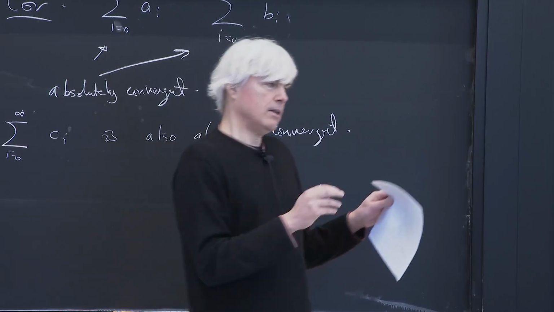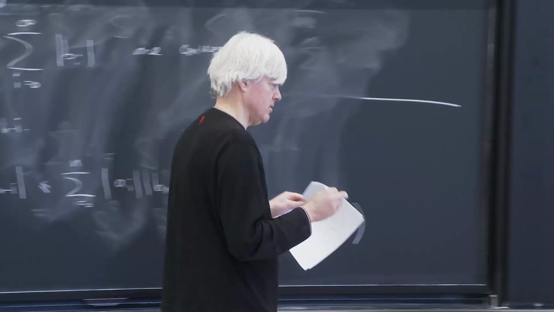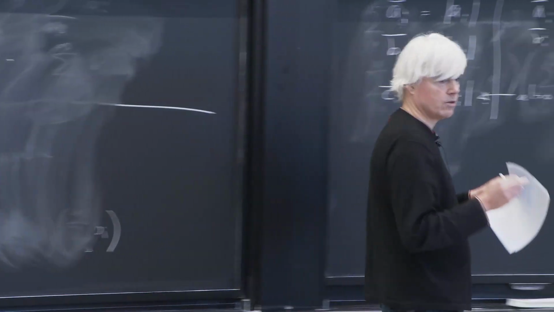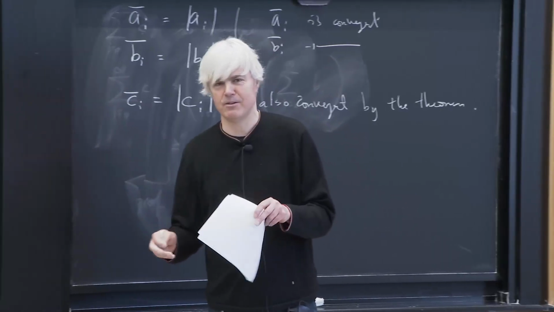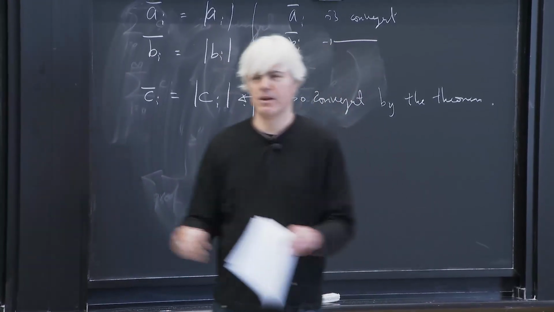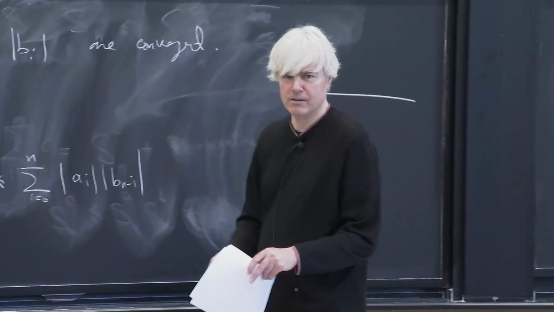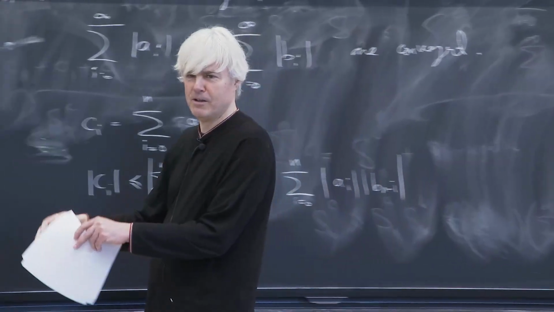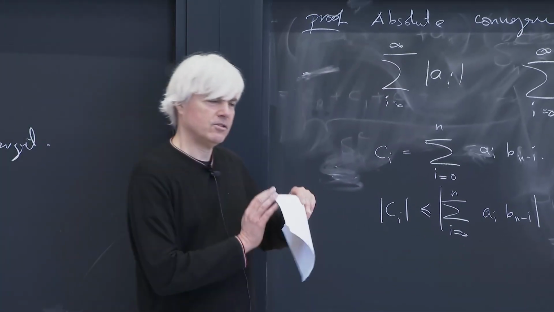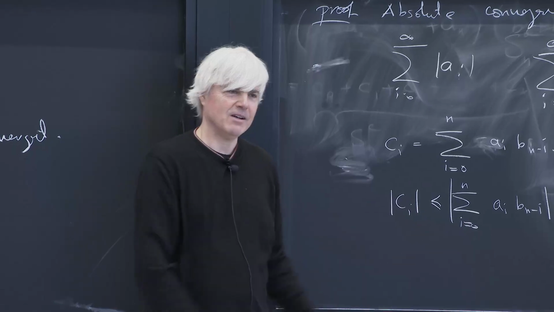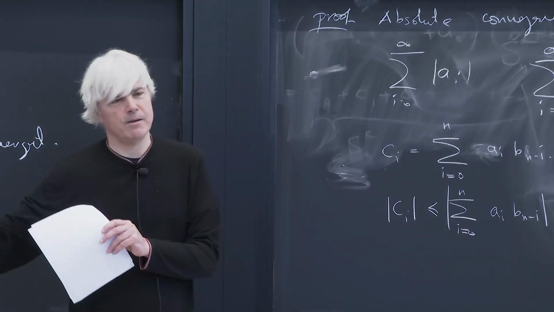But if the numbers are not non-negative, and the series is not absolutely convergent, now it suddenly matters. Because you could end up taking all the negative numbers first, and then you get really far down towards minus infinity. Then you take a few of the positive elements, and then more of the negative, and you would stay very far down towards minus infinity, and you would never be able to come up again.